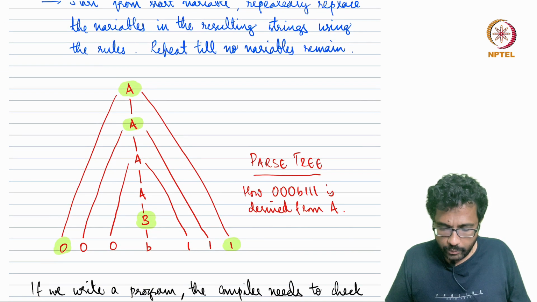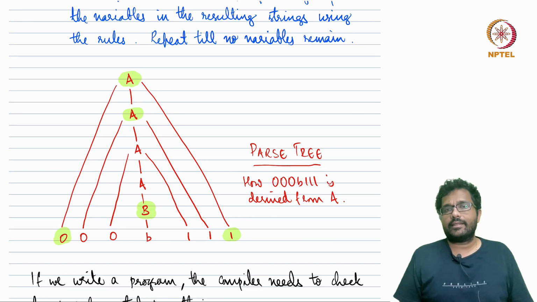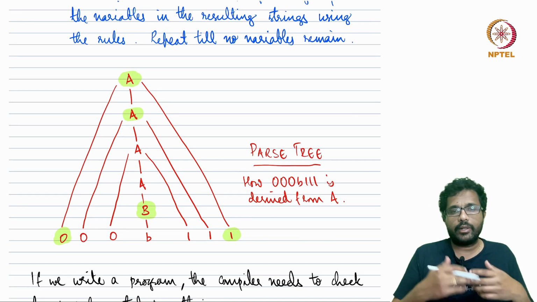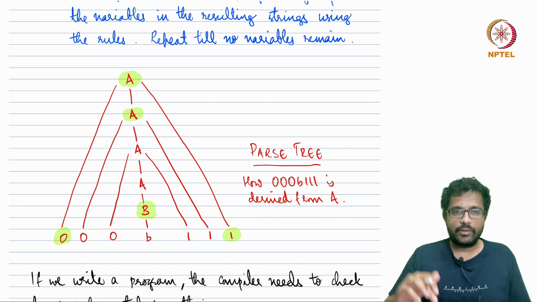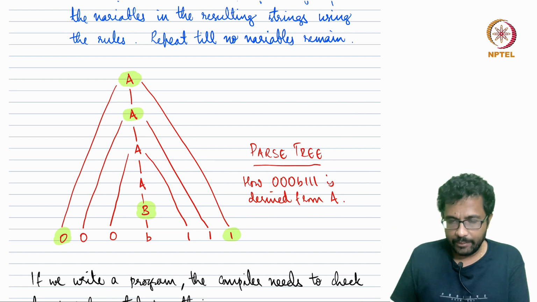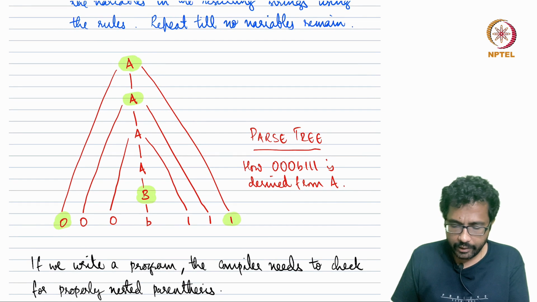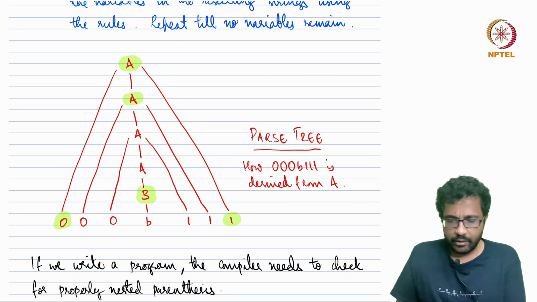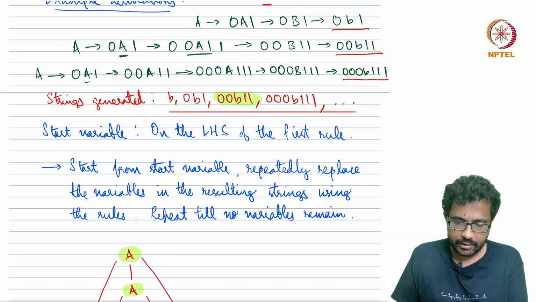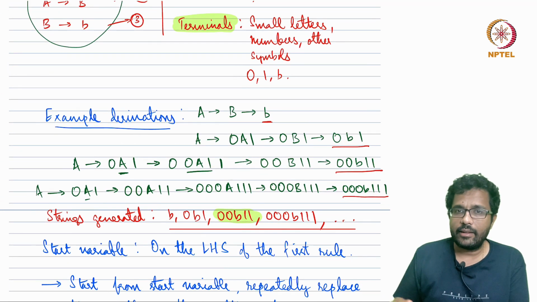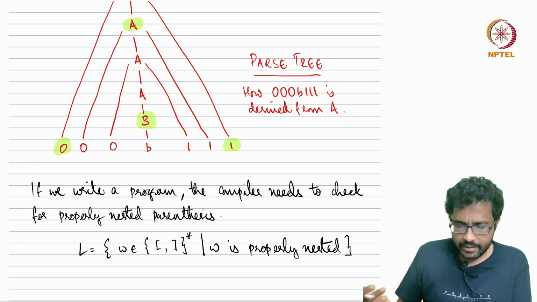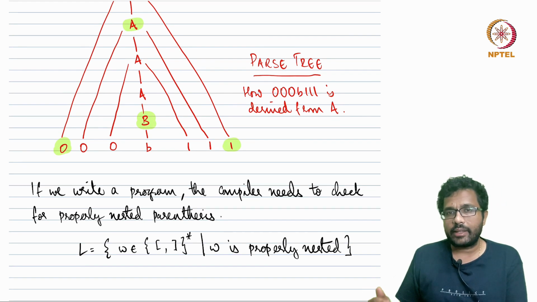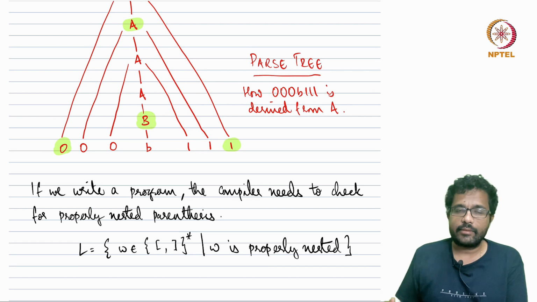When you have multiple variables, a tree is easier to visualize, because in a derivation you have to replace them one after another, but in a tree you can visualize them better. So this is the context free grammar, and how you derive strings from it. Let's try to see why this is interesting. What can you do in a context free grammar that, for instance, we couldn't do in regular languages?